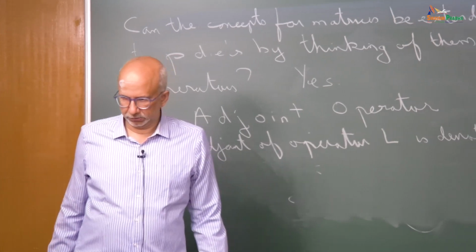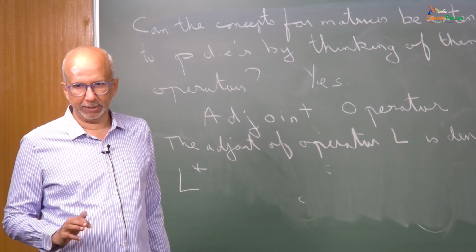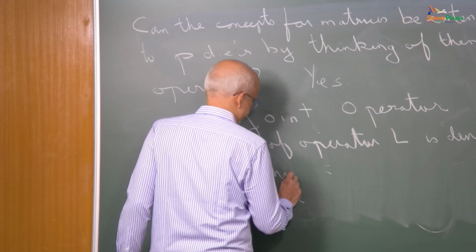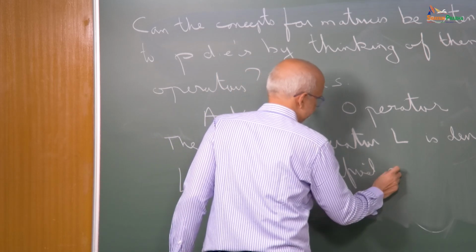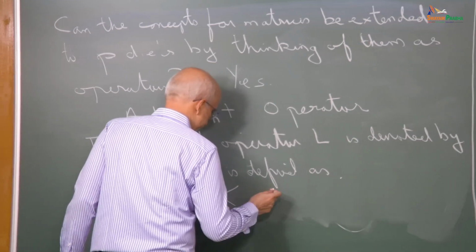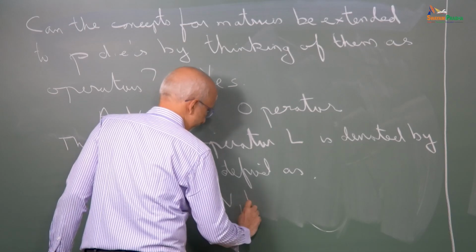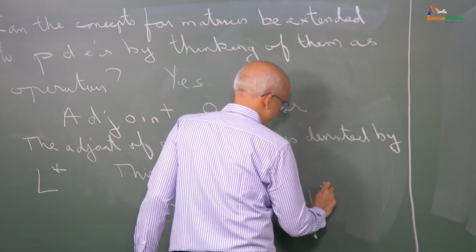So, star tells you it is an adjoint operator. Okay. And how is it defined? This is defined as inner product: V with LU must be equal to inner product of L star V with U.